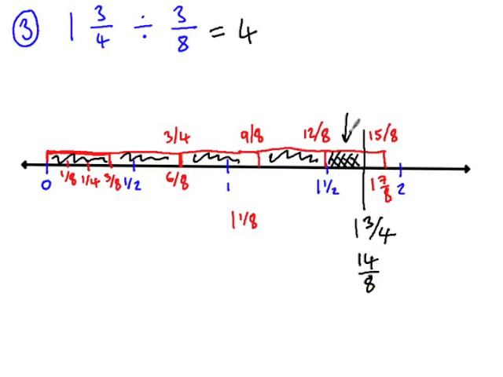So I've only added on another 2/8 of my 3/8. So this is 2/3 of 3/8. And my final answer is 4 2/3. How many lots of 3/8 go into 1 3/4? Well, we've got 4 whole lots of 3/8 and then 2/3 of 3/8 at the end.